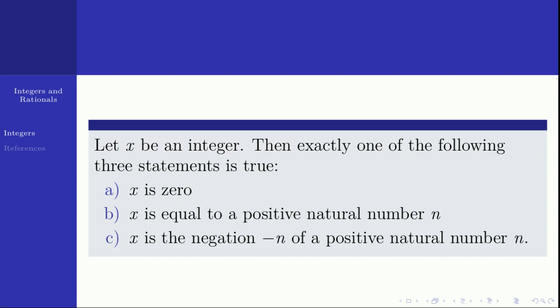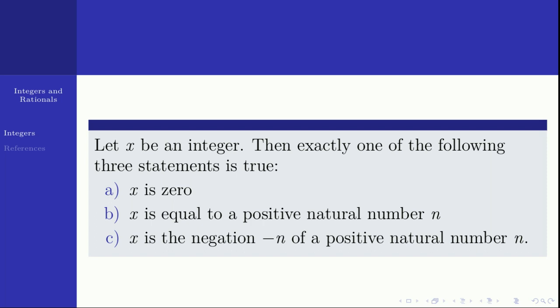Let x be an integer. Then exactly one of the following three statements is true. Either x is 0, x is equal to a positive natural number n, or x is the negation of a positive natural number n. This is very obvious.